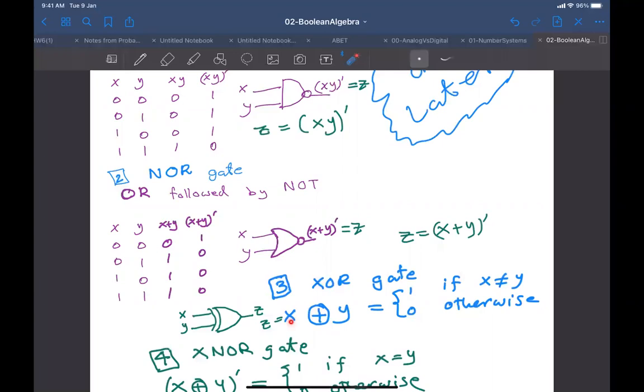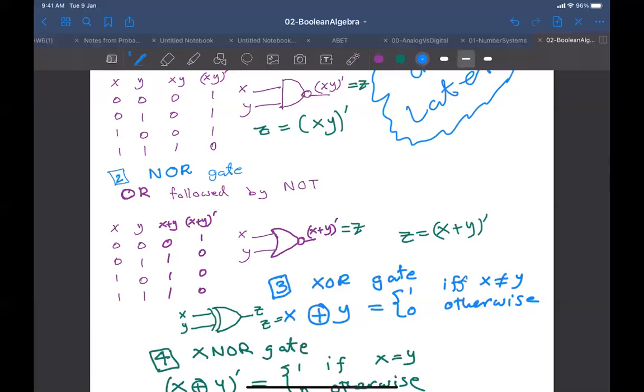X XORed with Y is 1 if and only if X does not equal Y. So it is 1 in case of X is 1 and Y is 0, or X is 0 and Y is 1, and it is 0 otherwise. If they are equal, it is 0.